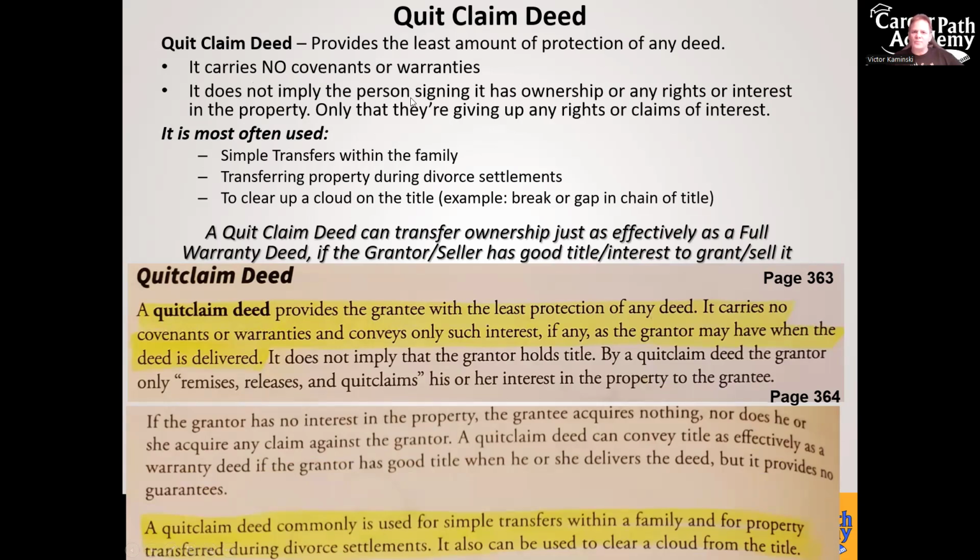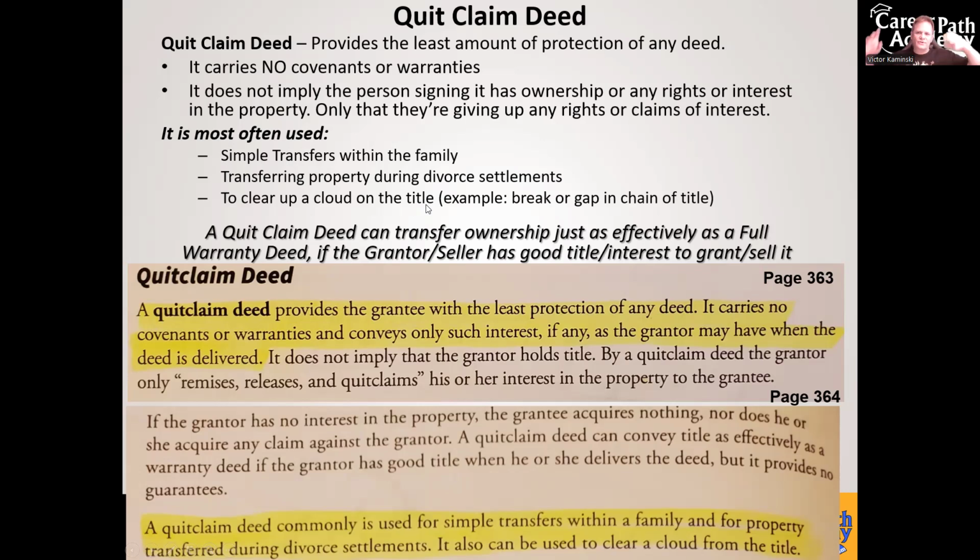It does not imply the person signing it has ownership or any rights or interest in the property, only that they're giving up the rights or claims of interest, without claiming that they have any, of course. It is most often used for simple transfers within the family, transfers of property during divorce settlements, or to clear up clouds from a title.